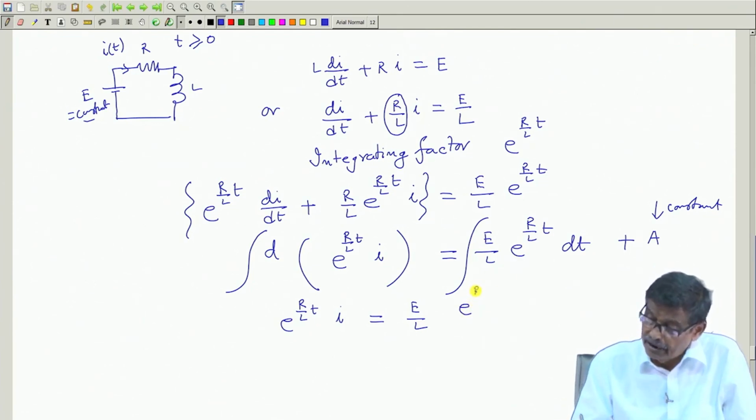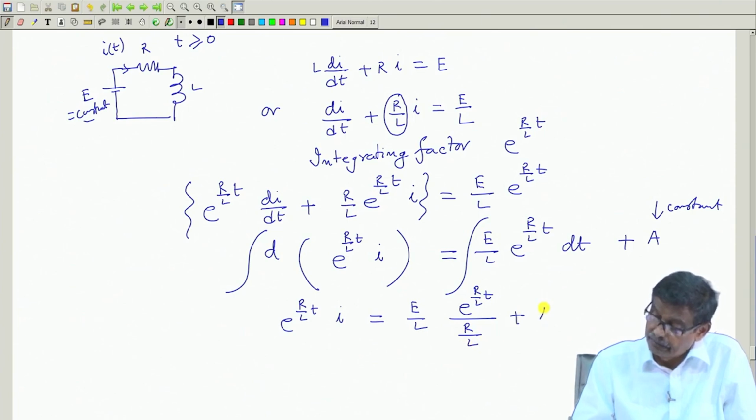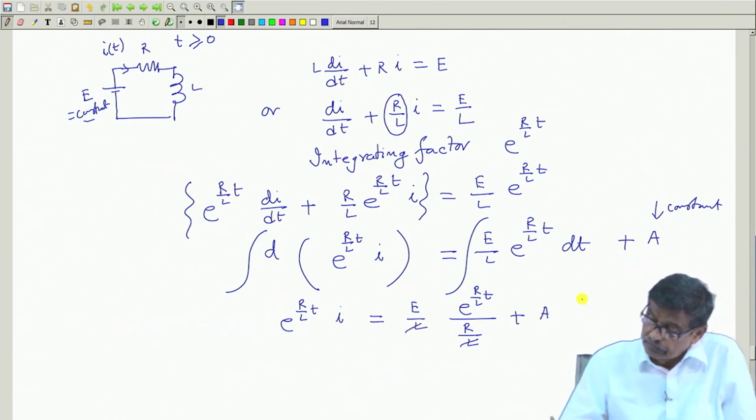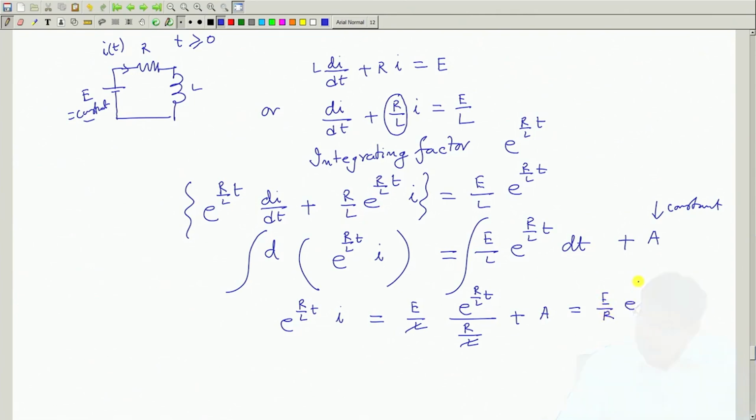So, it will be (R/L)t divided by R/L, of which this L goes. So, this will be equal to E/R into e to the power (R/L)t plus A.